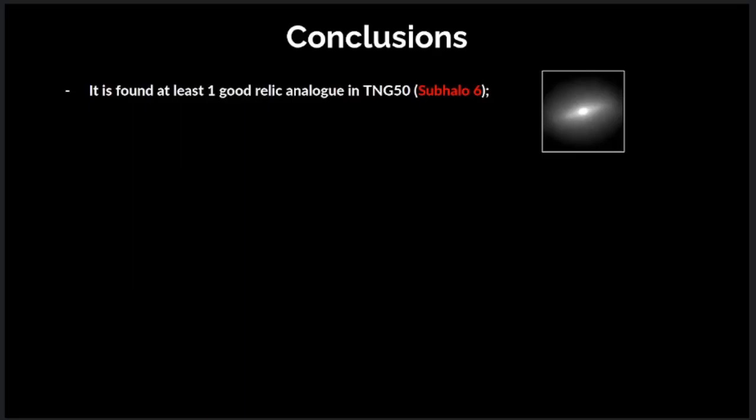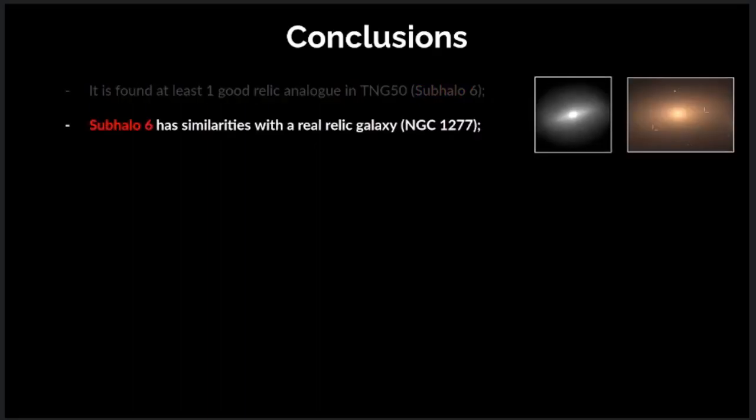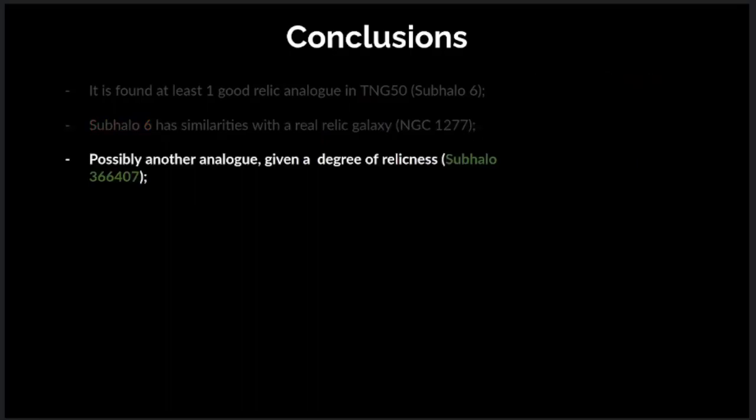So finalizing the talk, here are the conclusions. The first one is that we can find at least one good relic analog in TNG50. It has similarities with a real relic galaxy, especially in its environment. There is possibly another analog given a degree of relic, admitting that it can have a small contamination of relatively young stellar populations.